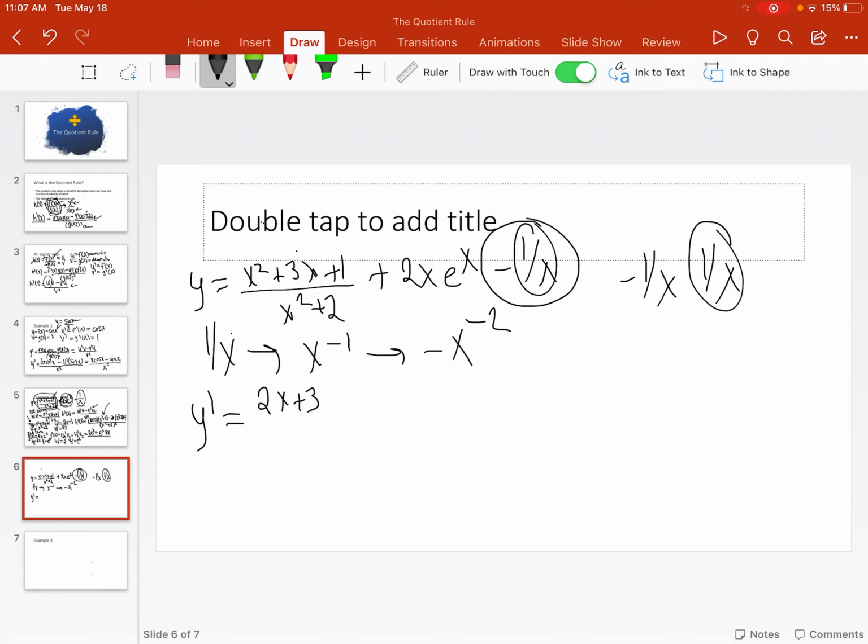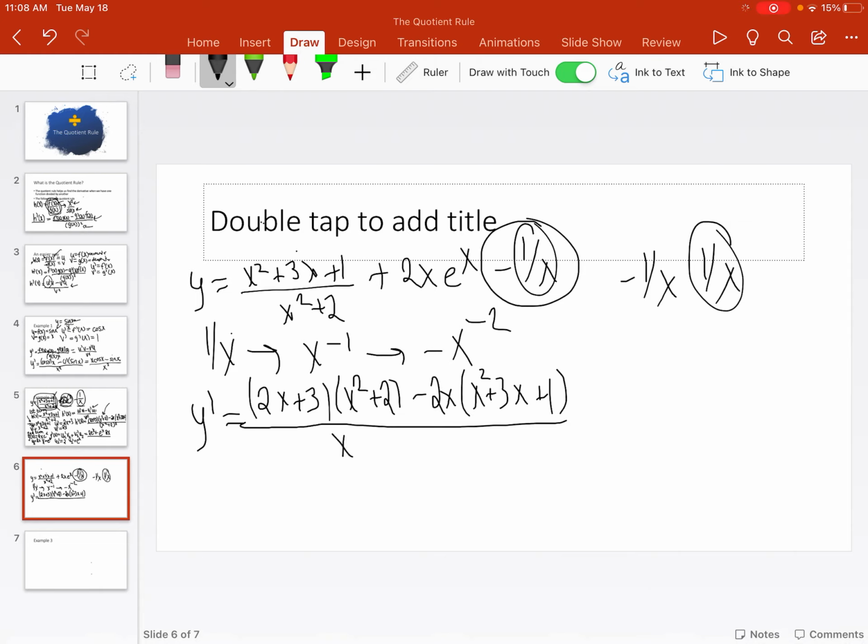So we got 2x plus 3, put brackets there, x squared plus 2, minus 2x, we got brackets, we got x squared plus 3x plus 1, and we got this all divided by x squared plus 2, put brackets, and we square this. So that was the derivative of our first term.